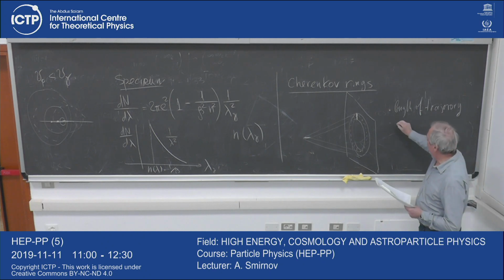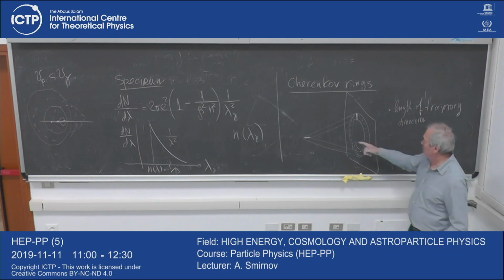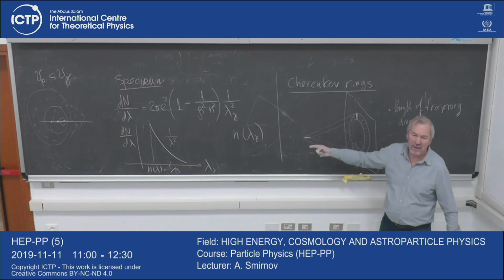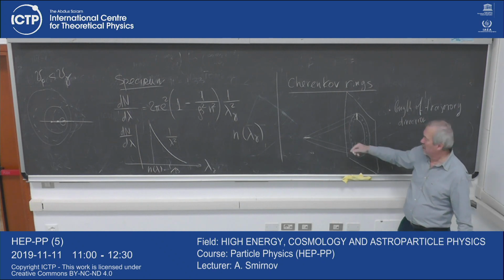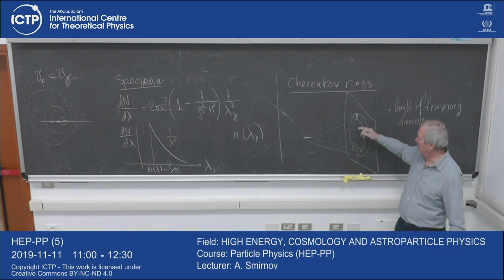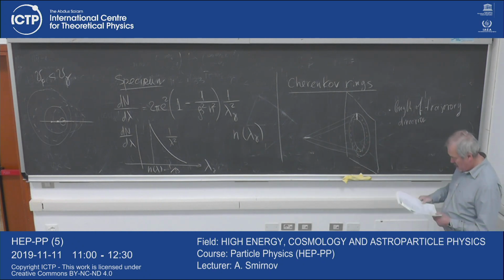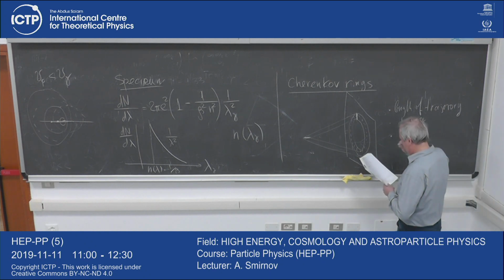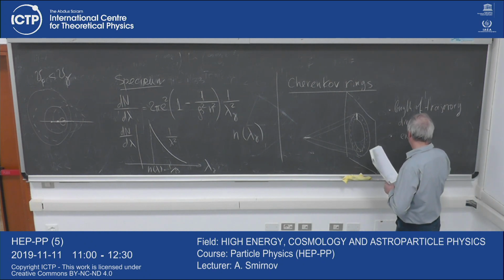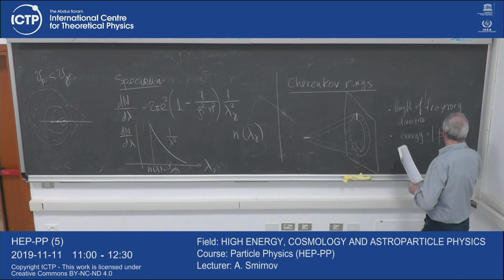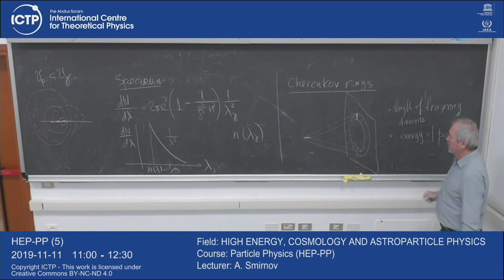So you can measure direction. If your particle is moving perpendicularly to the surface, then you will have an ideal ring. If you have some inclination, then you will have ellipses here, not rings. So you can measure direction. You can also measure the energy of the particle, looking at the intensity of the radiation.